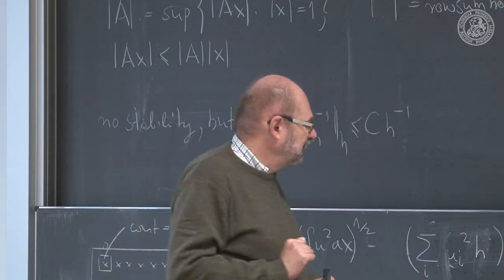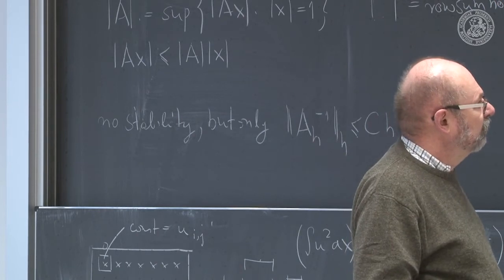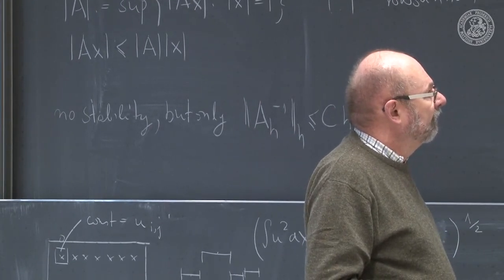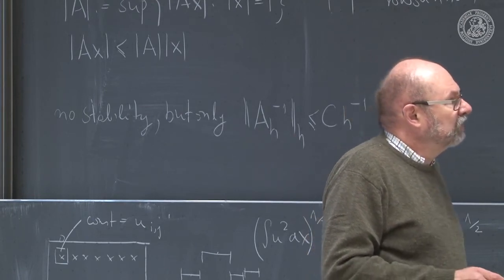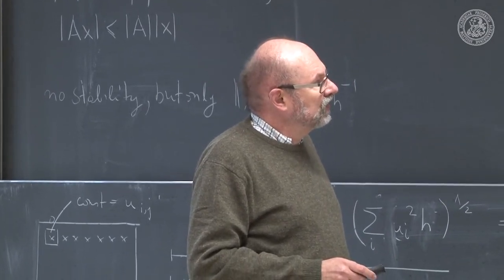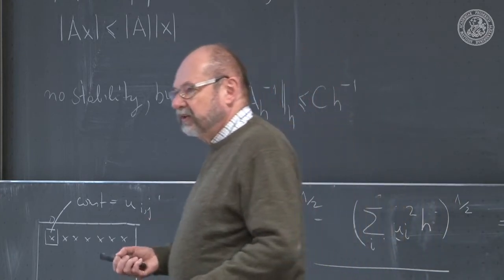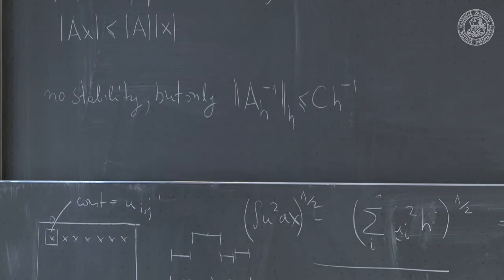And maybe a final remark. Let's go back to the definition of the problem. Where was it? Here. What we did here is we have chosen the, so to speak, exact right-hand side, evaluated at the grid points, and used this as, so to speak, the discrete information we put into the scheme.